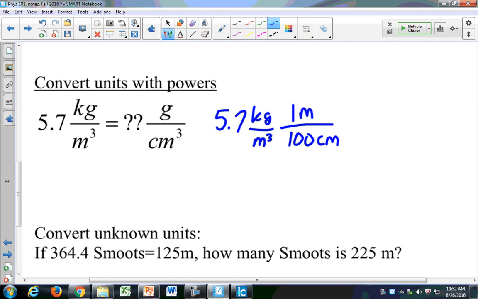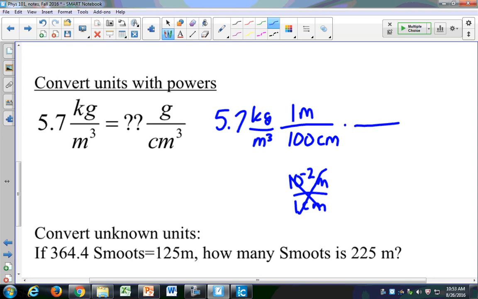By the way, if you like this better, you could also say 10 to the minus 2 meters in 1 centimeter. Either of those conversion factors would be okay. But the top one makes more sense to me, so I'm going to use this.